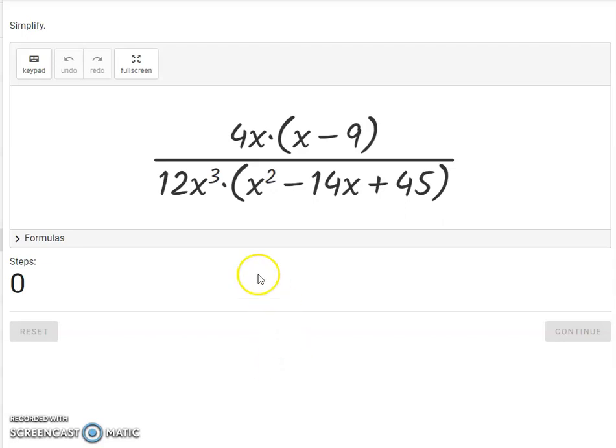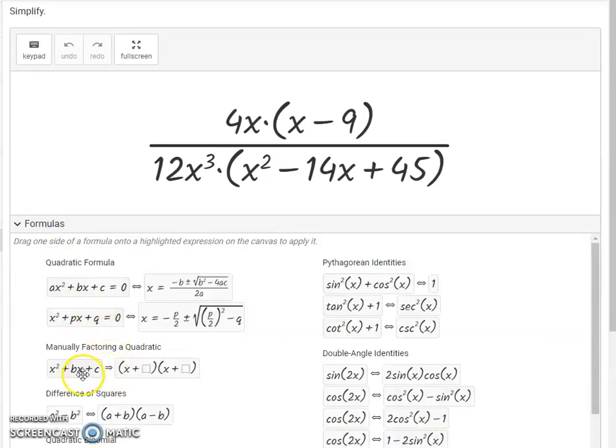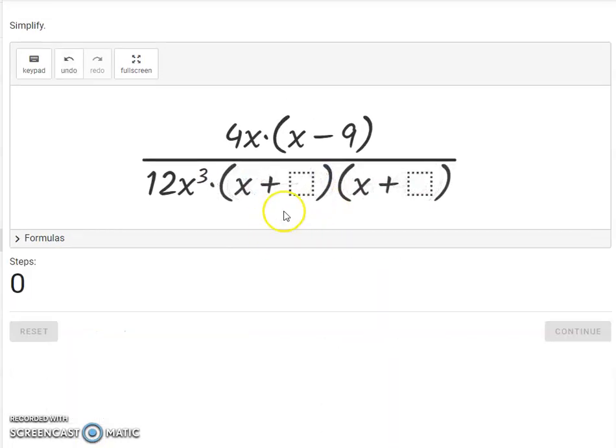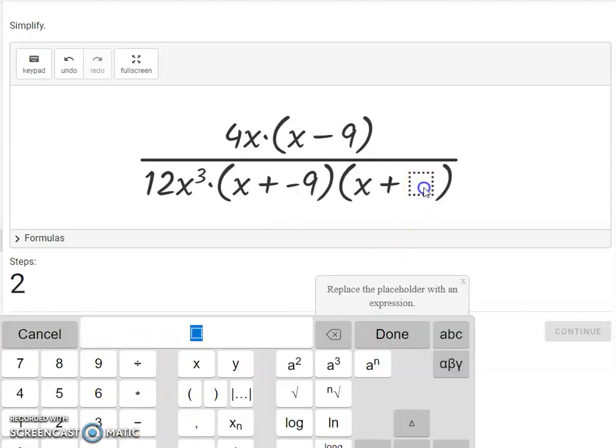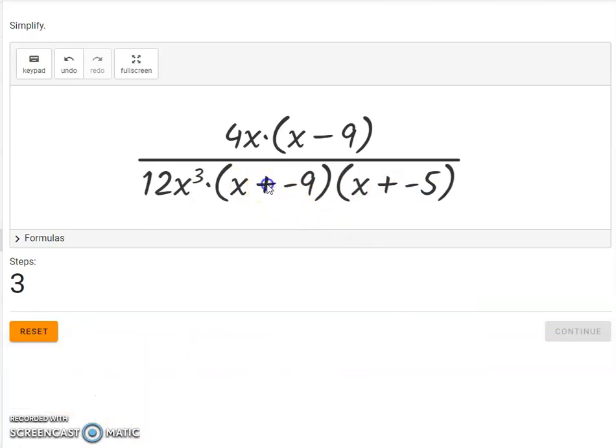In problem 8, I'm going to focus in on the quadratic. To get 45 as a product and negative 14, both numbers are going to be negative, and that would be a negative 9 and a negative 5. So x minus 9 and x minus 5.